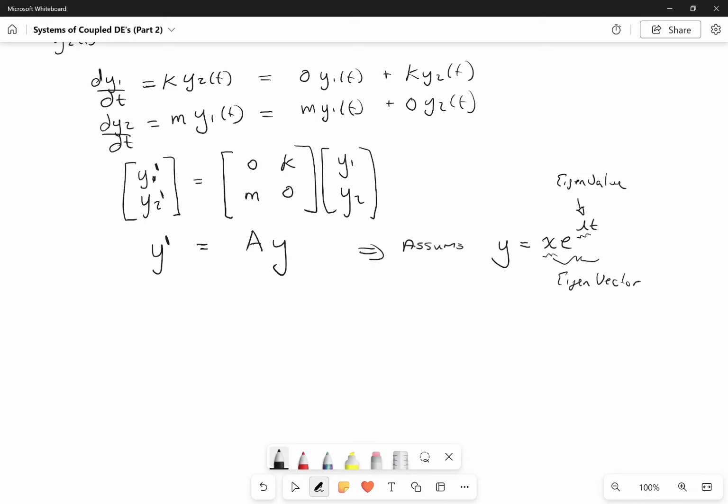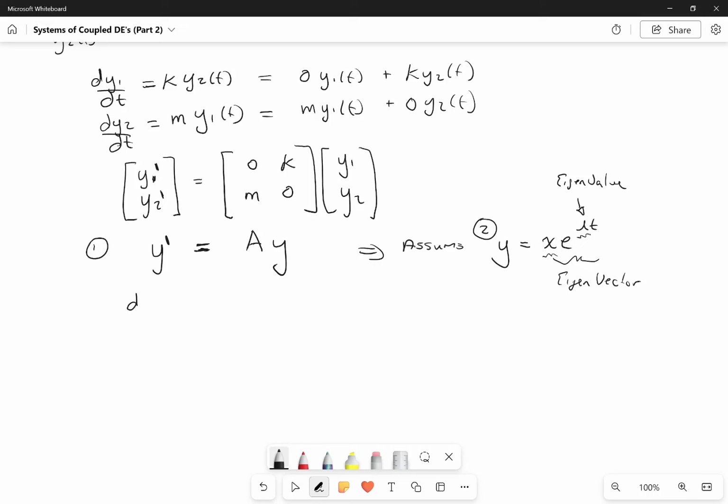Now, how do we do that? What's the next step? Well, we are going to assume the form of the solution. So this is our equation. We're going to sub 2 into 1 and see what needs to be true for this equality to hold. I'm going to put x e to the lambda t for y.